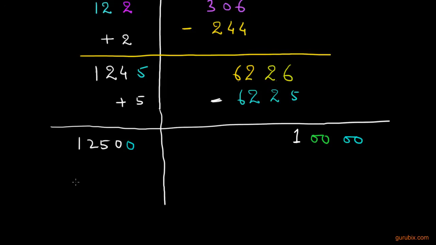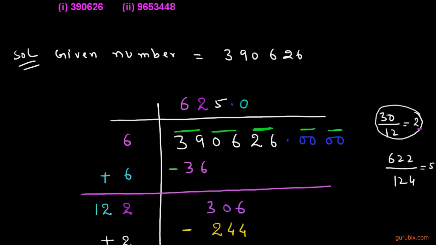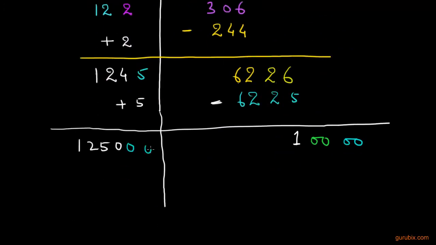And what we observe? We observe that we cannot divide this 10,000 by this 12,500. So we shall put another pair of zeros here and bring it down after putting zeros here and here.